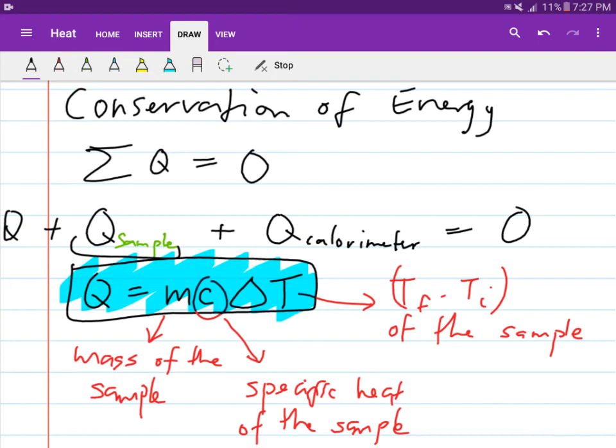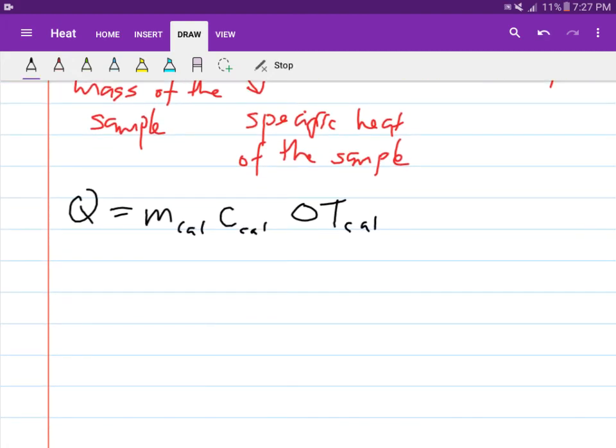So you need to add another term, for example, heat transferred in water, Q W, which should have mass of water, specific heat of water, and whatever the change in temperature of water.